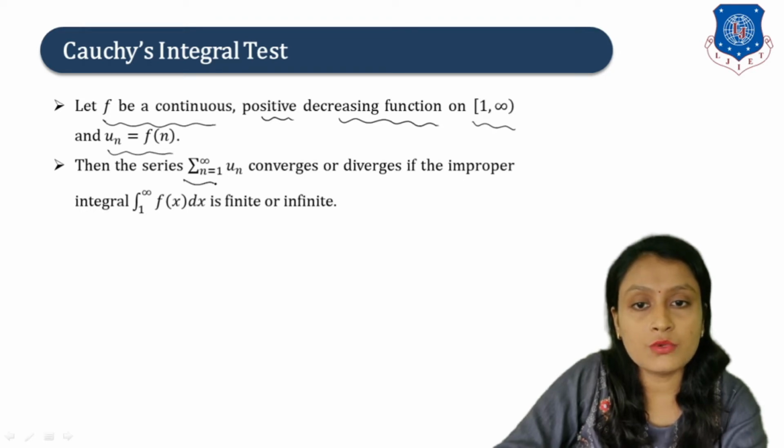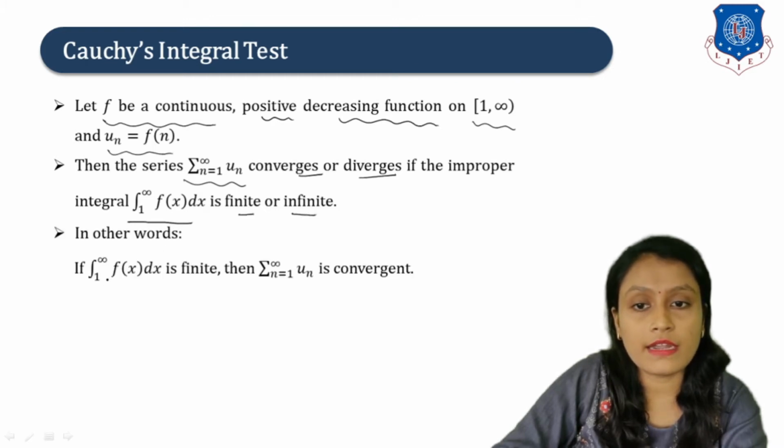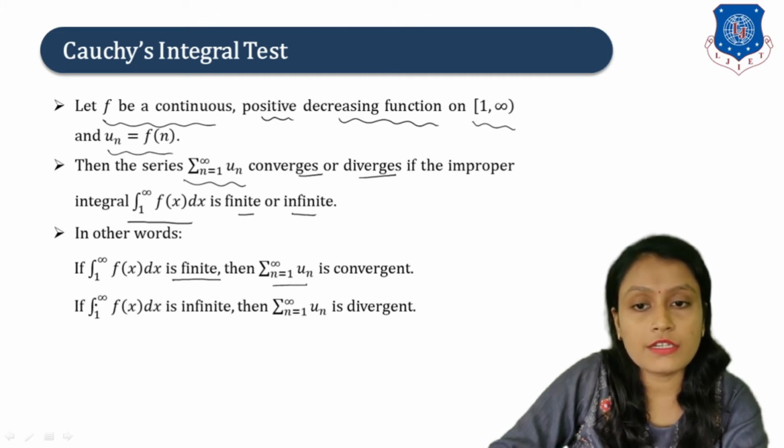Then the series Σun converges or diverges if the improper integral from 1 to infinity of f of x dx is finite or infinite. In other words, we can write it as: if the integral from 1 to infinity of f of x dx is finite, then the series Σun is convergent. And if the integral from 1 to infinity of f of x dx is infinite, then the series Σun is divergent.